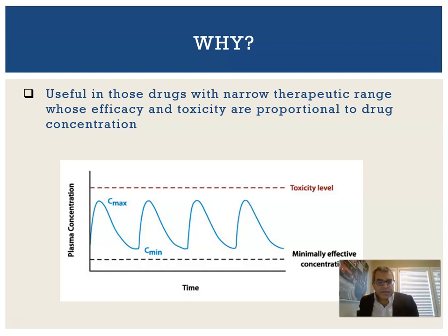This is the minimal effective concentration, and this is the toxicity level. And this efficacy and toxicity also should be proportional to the drug concentration, not just a concentration. With a narrow therapeutic range, increasing the dose a little bit might increase the concentration to the toxic level, and so on.